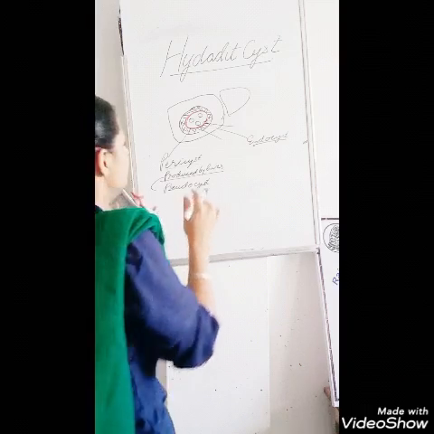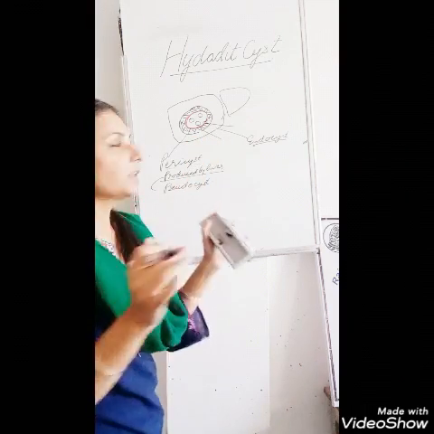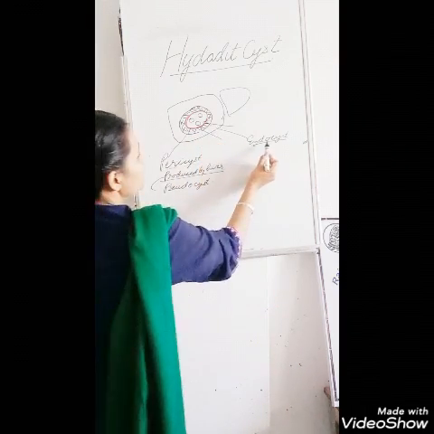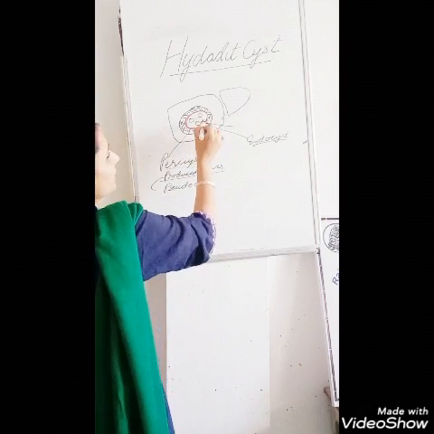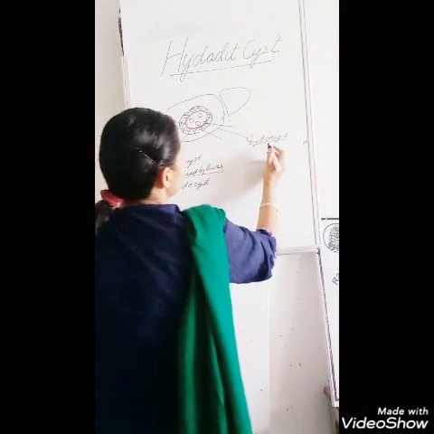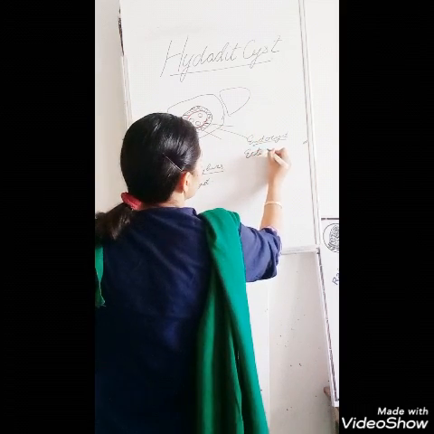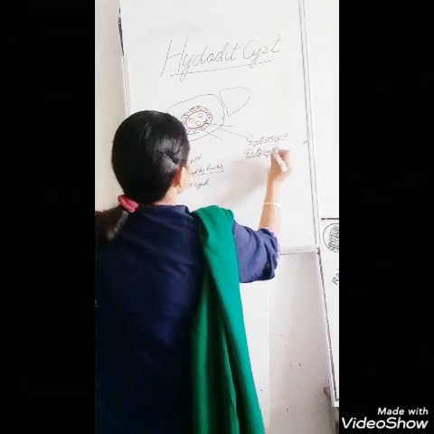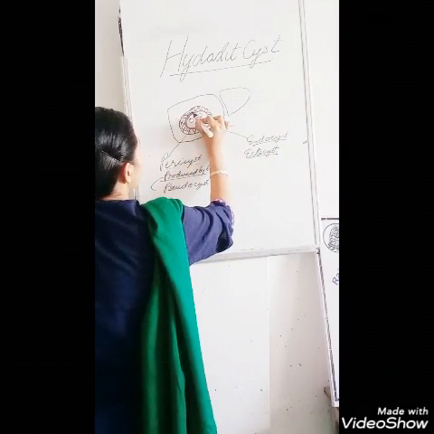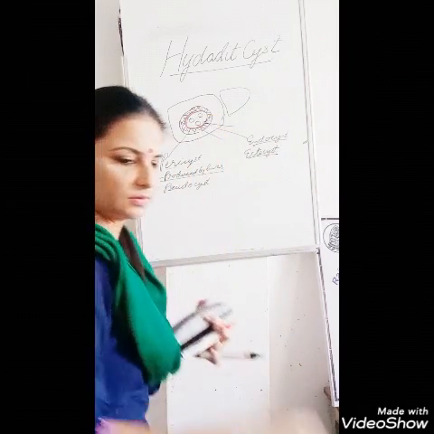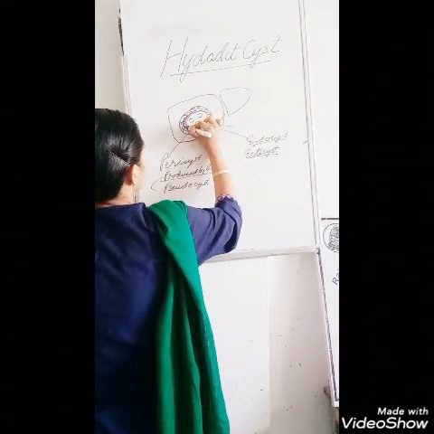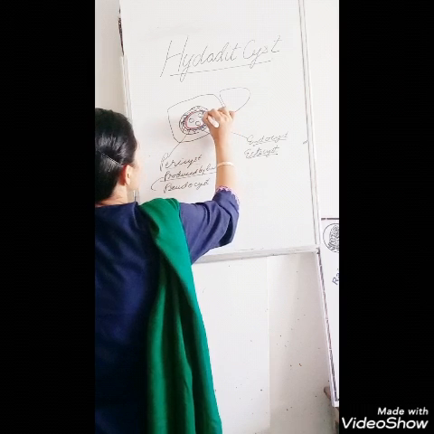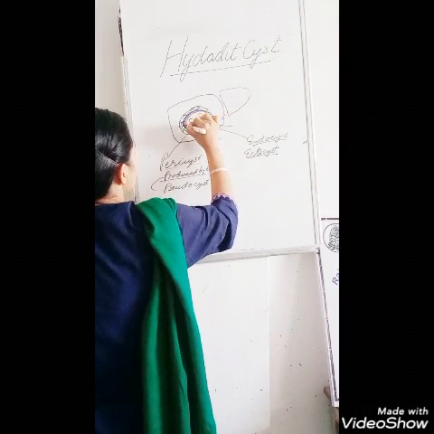Because it cannot grow further, the endocyst will release hydatid fluid inside, and outside it will release ectocyst. So the ectocyst will form here. This blue is the ectocyst.